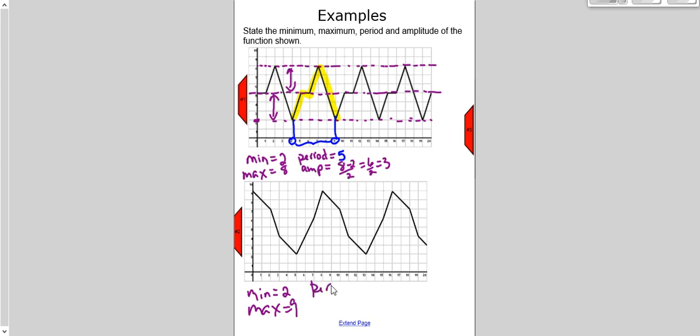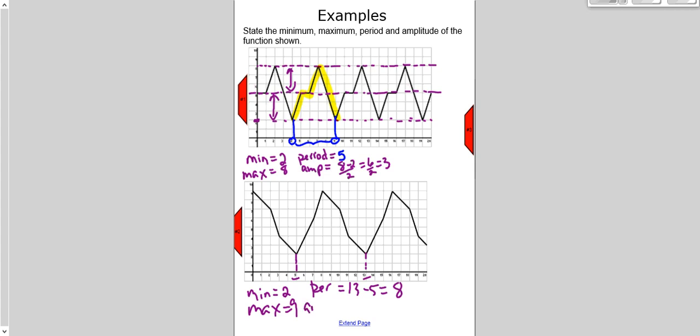And my period, I'm going to start here, I think that's a good place to start. And then it goes up and it makes a strange kind of shape on the side, and then it goes down. So it starts at 5 and it goes to 13. So 13 minus 5 is 8. So my period is 8.